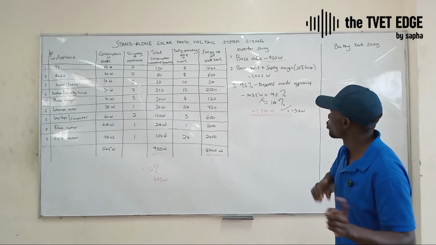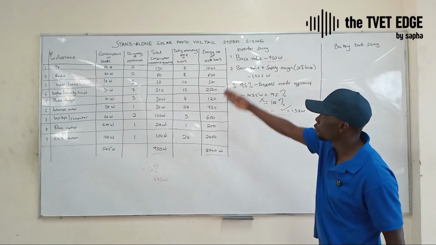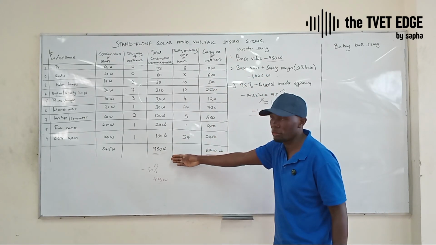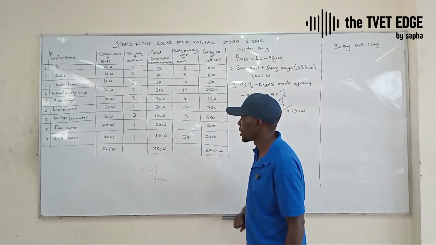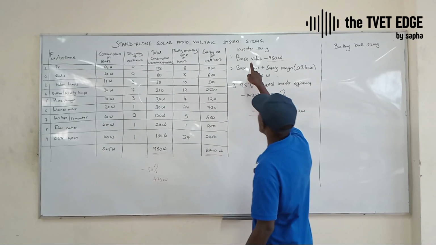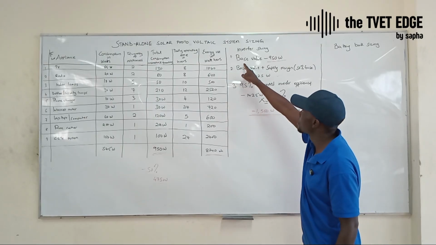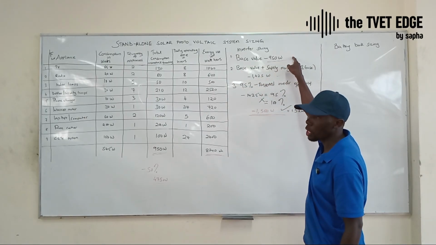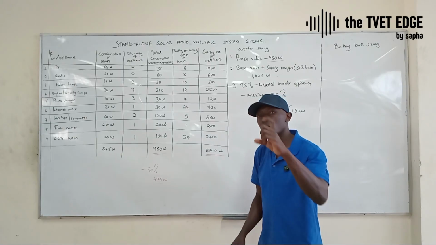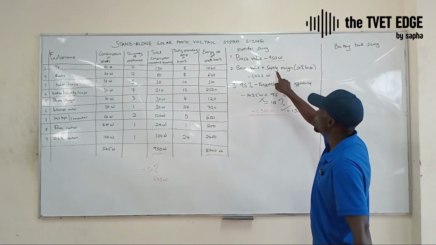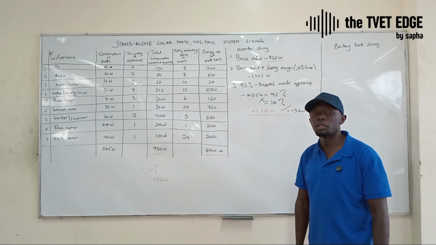So before I lose my line of thought, as a student, you've calculated your values, you've ensured that you've gotten the base value of the inverter, you list it. Make sure your examiner knows that this is the base value, the lowest inverter size that can work, but that is not safe. So you introduce a safety margin of 50%.